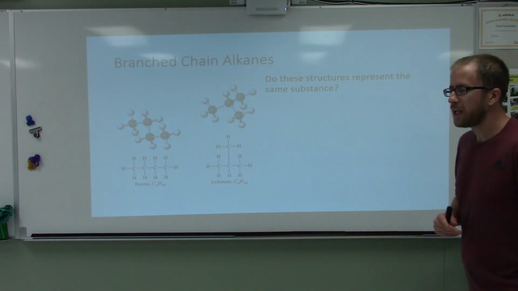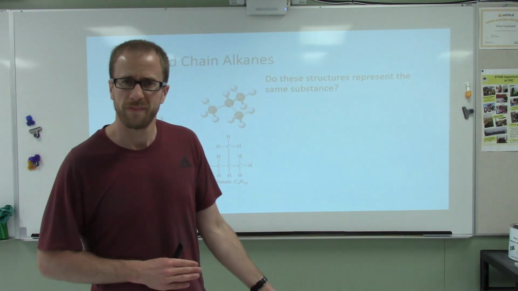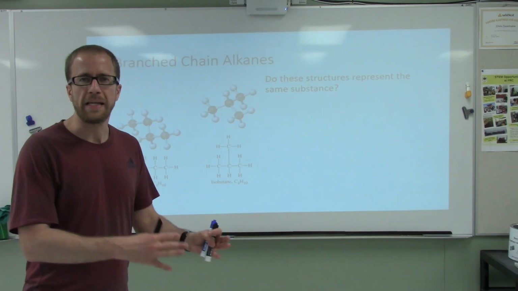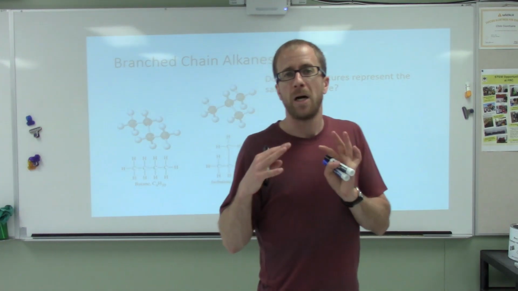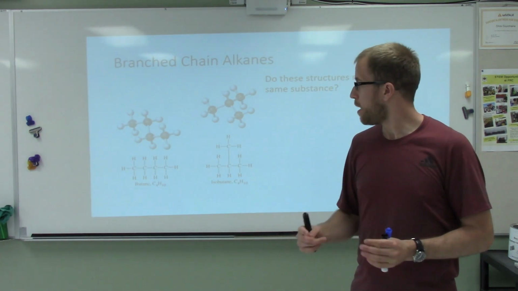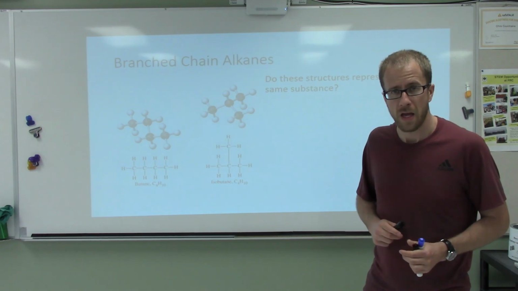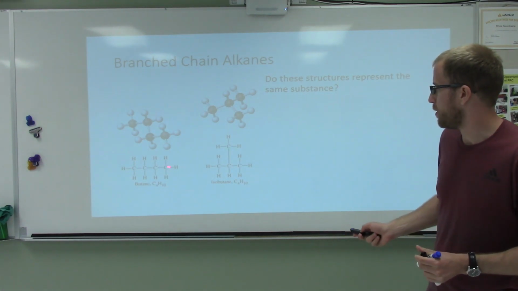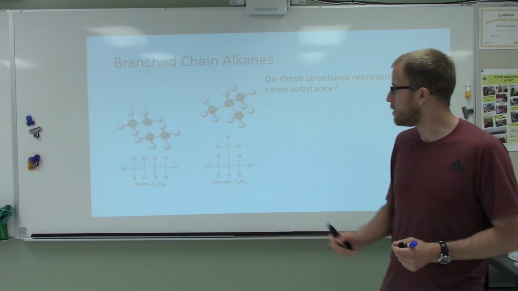So let's go back to that problem I put on the board at the start of class. How do we deal with naming molecules that have the same molecular formulas but different molecular structures? What do we do in this situation? Well, we're not going to be using this nomenclature here, isobutane.